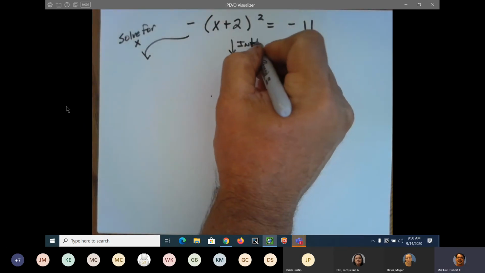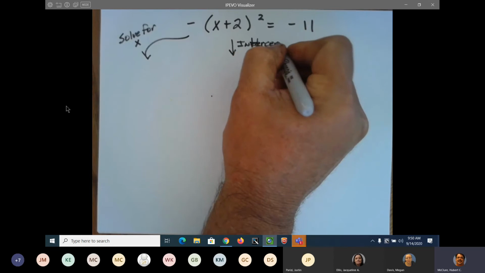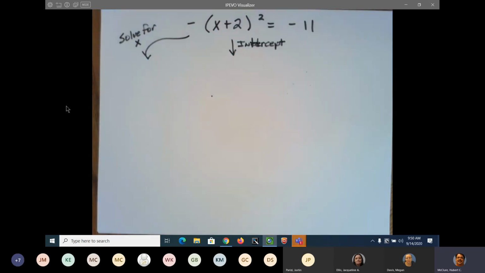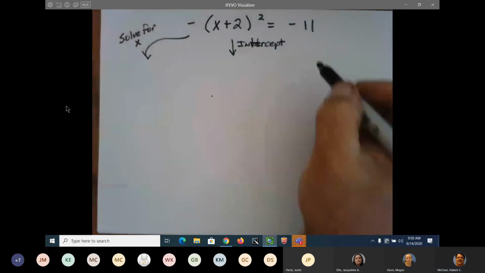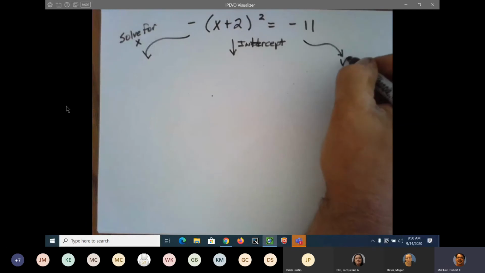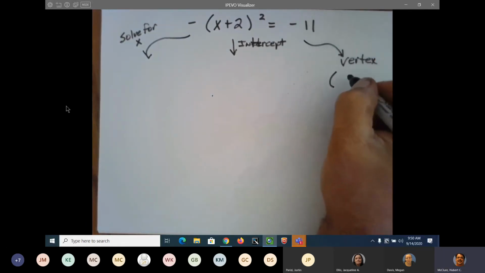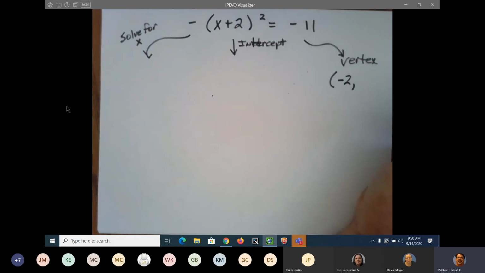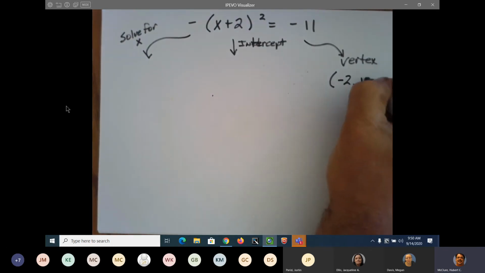Now remember, I'm only doing intercept form because the book wants you to put it in that form. And over here, my vertex. Well, the vertex is pretty simple. Opposite of 2 is negative 2. Opposite of negative 11 is positive 11.